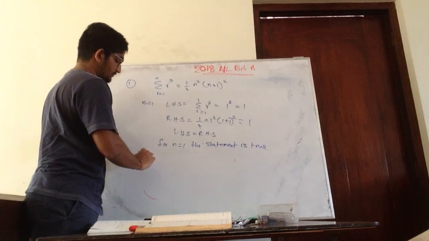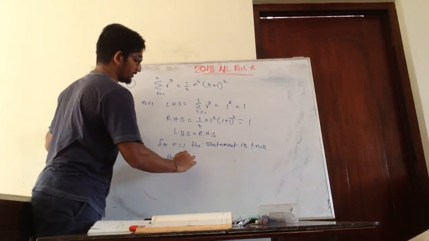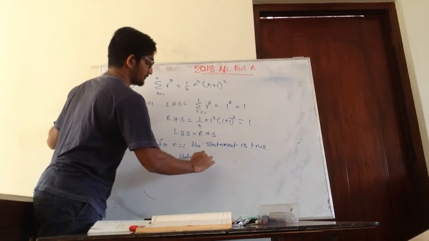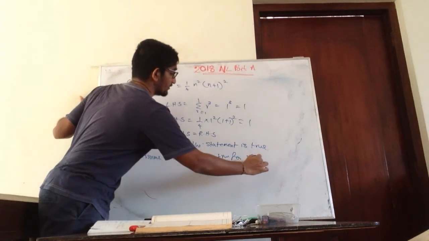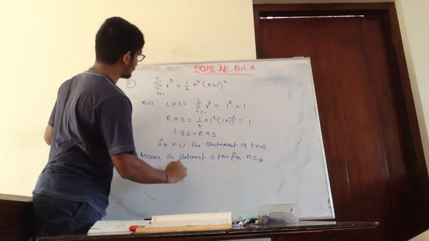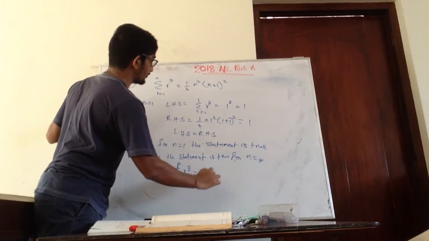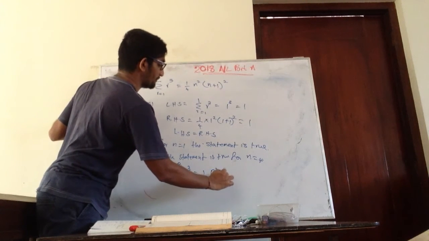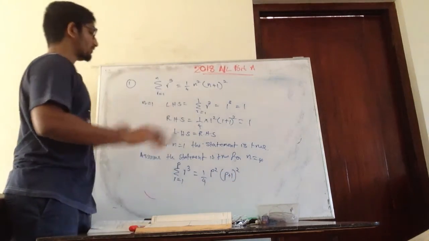We assume the statement is true for n equals p. That means the sum from r equals 1 to p of r cubed is equal to 1 over 4 p squared (p plus 1) squared.